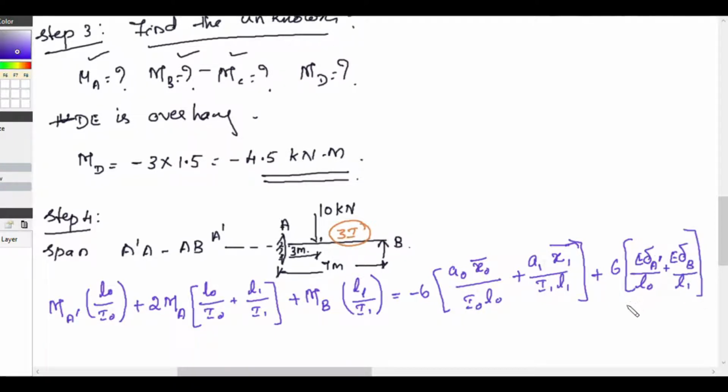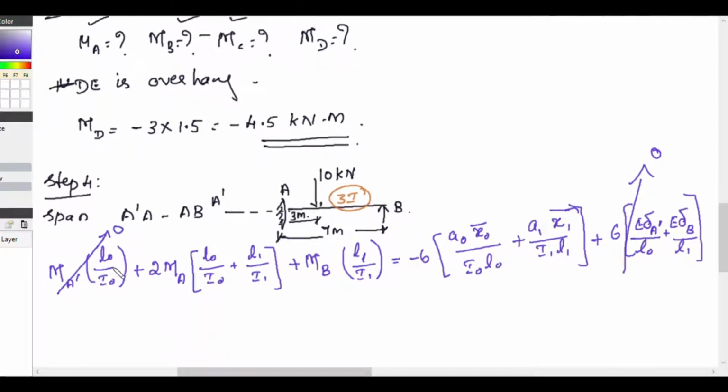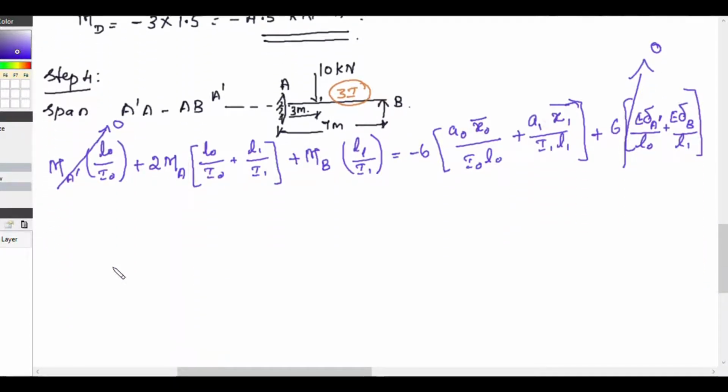So we know there is no settlement of support, so this becomes 0. This is an imaginary support, so this becomes 0. So the remaining values are 2 times MA into this L naught is an imaginary thing, so this becomes 0.